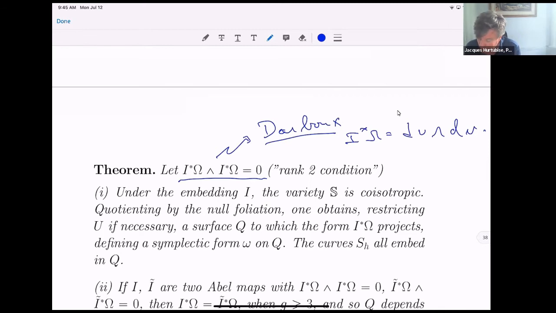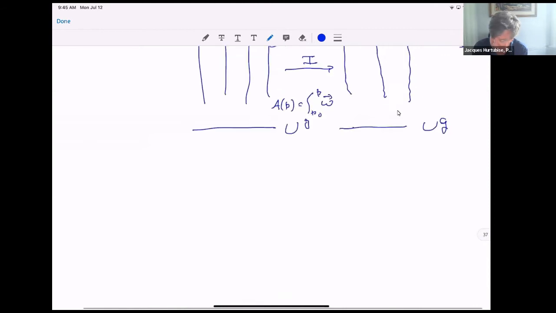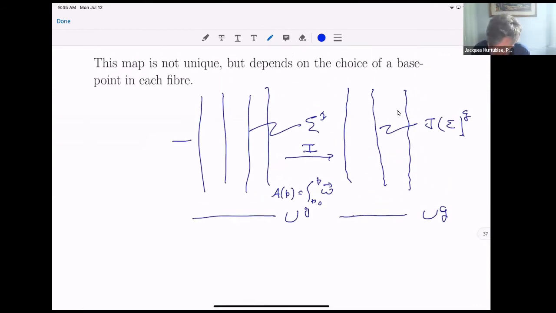And so what you get, just because you've got two coordinates here, u and v, is a quotient surface into which this form I star of omega projects, and you get a symplectic form omega on Q. So the curves all embed in Q, and again, that's just a feature of the fact that there's always a non-zero differential form at a point. So you want to think of a projection projecting out, and you're getting some sort of surface Q here.